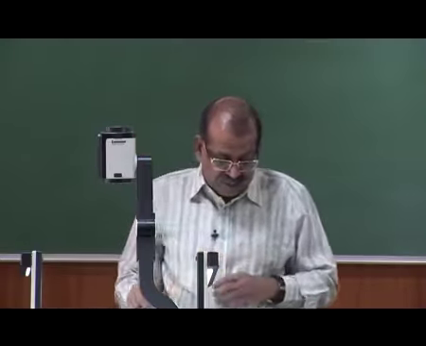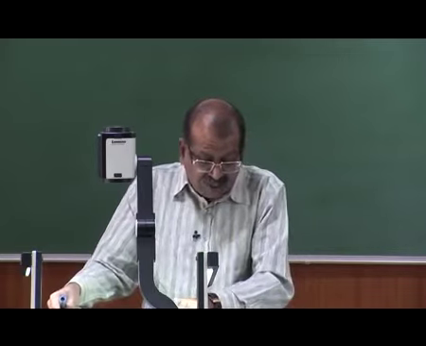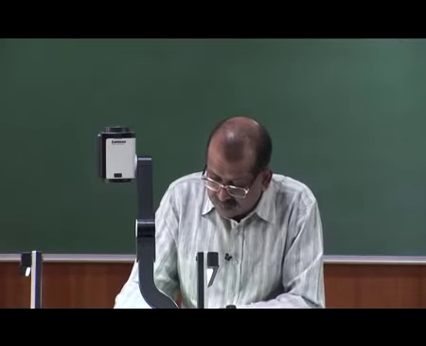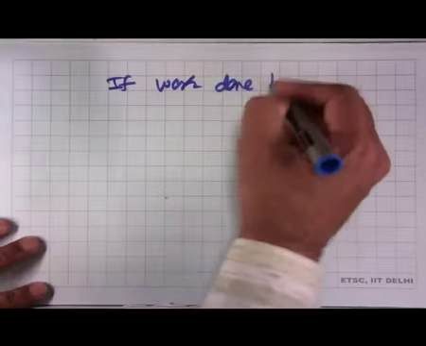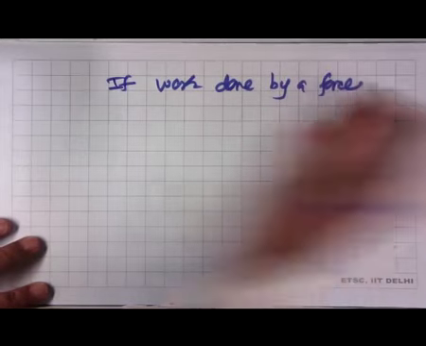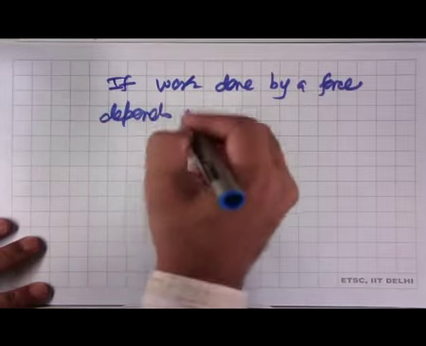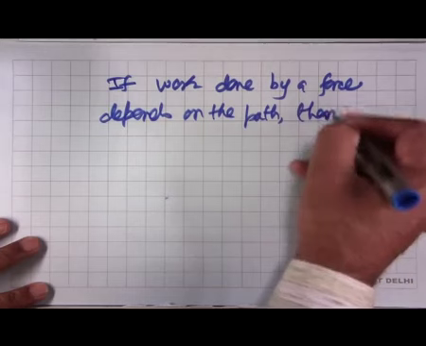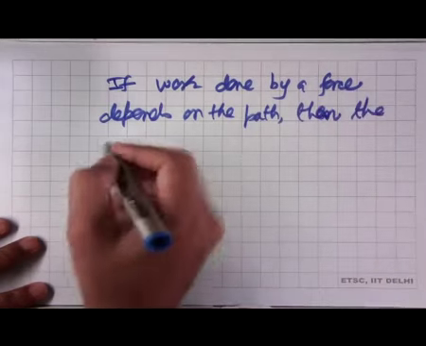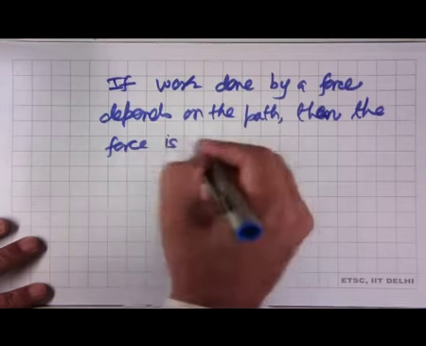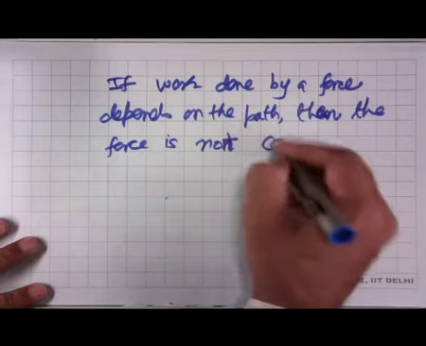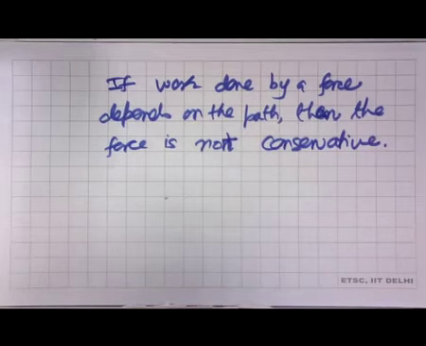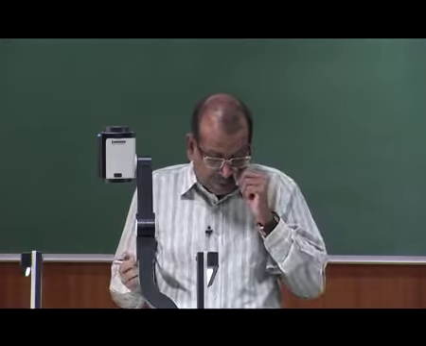And in case the work done depends on the path, then the force is not conservative and we cannot define a potential energy. So, it has to be path independent.